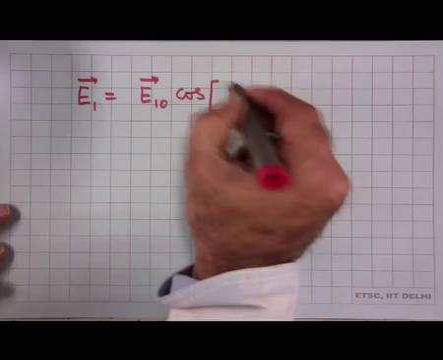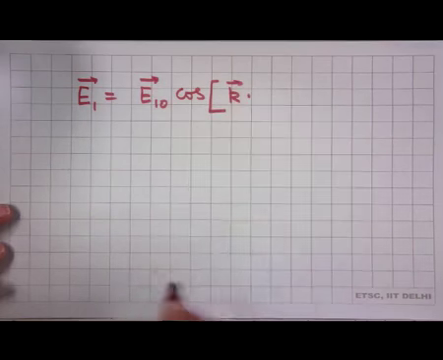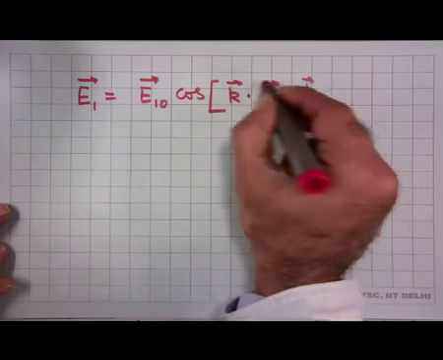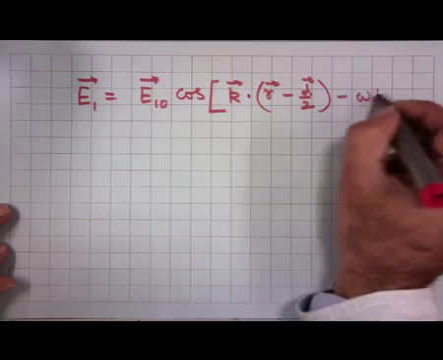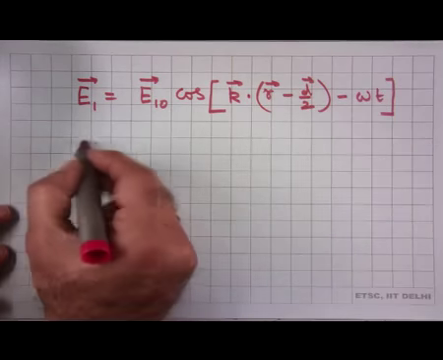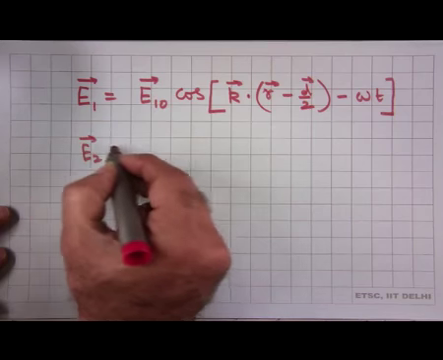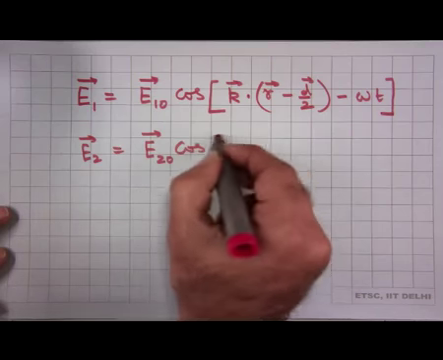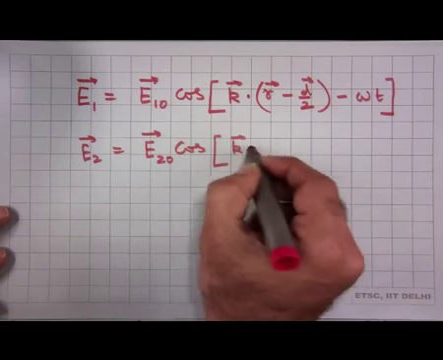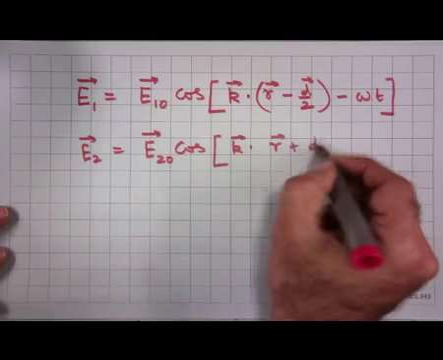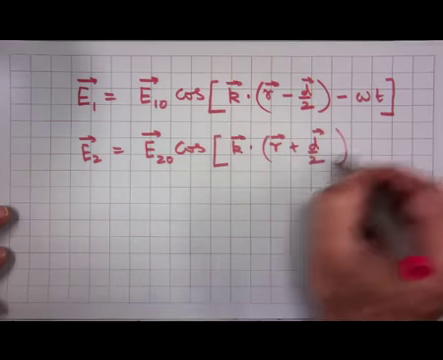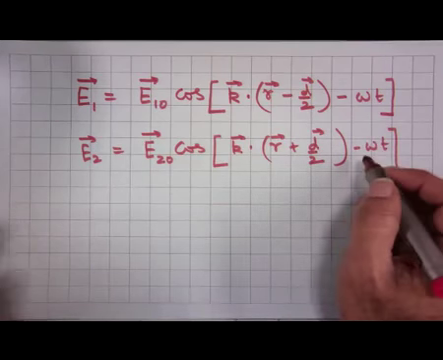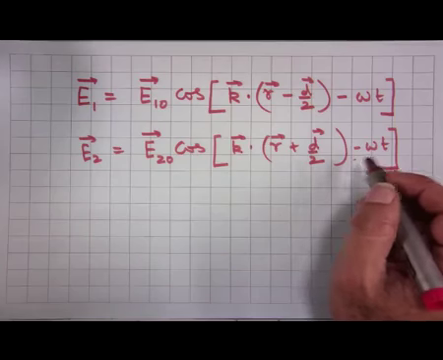Now I can write simply k dot r minus d by 2 minus omega t, and E2 will be E2 naught cos k dot r plus d by 2 minus omega t, where this r is measured here from the distance.